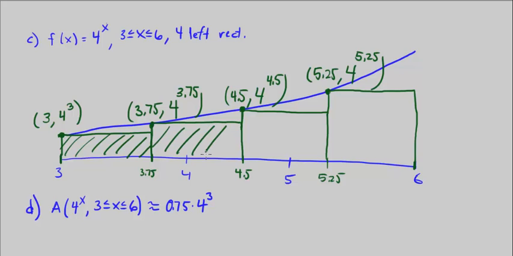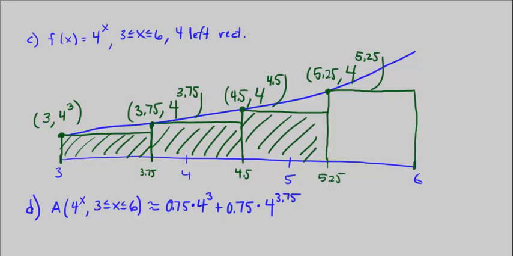The area of the next rectangle: the base, again, is 0.75 times the height, and when we plug in x is 3.75, we get 4 to the 3.75 power as the height of that rectangle. For the next rectangle, the base is 0.75 and the height is 4 to the 4.5. We already did all these calculations.